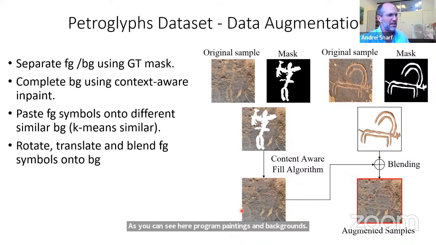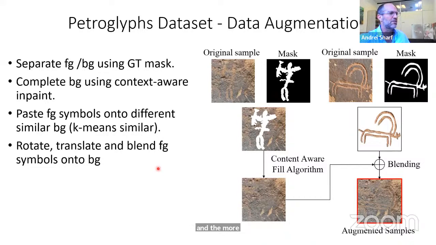So we take photographs of walls together with photographs of petroglyphs, of hand-drawn animals and persons, and we blend them together, the background and the foreground, to generate new and more inputs.